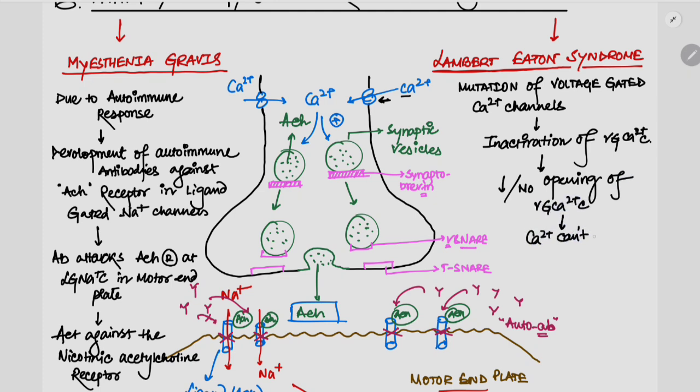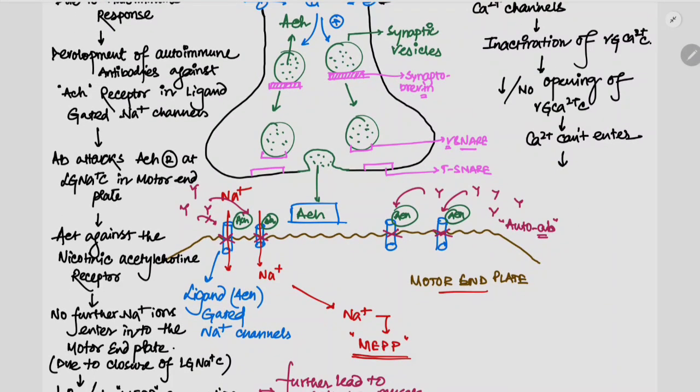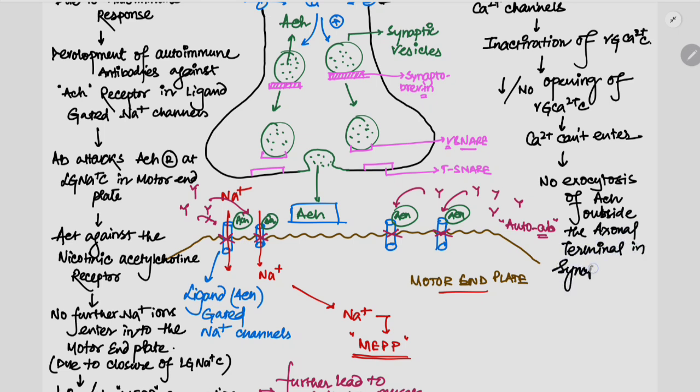Calcium can't enter, so there is no exocytosis of acetylcholine outside the axonal terminal in the synaptic cleft.